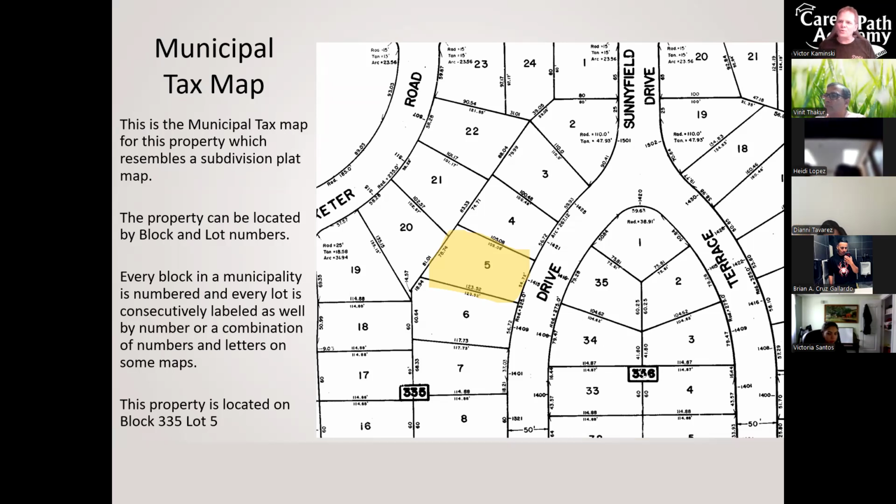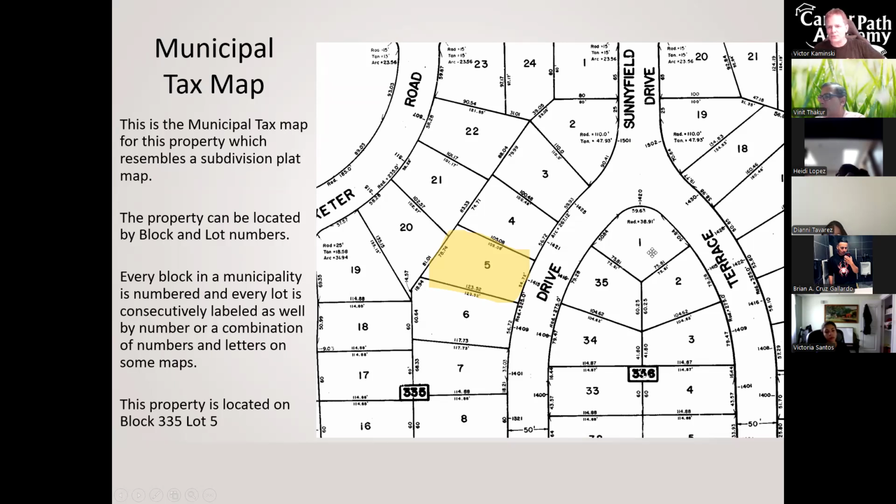Think of your whole city as a bunch of little subdivisions that, as the city got built up, were put next to each other. And they have maps of them like this. Every block is numbered. Here's block 335, block 336. It'll be in a rectangle or a circle that's very bold. Those are the block numbers on these maps.